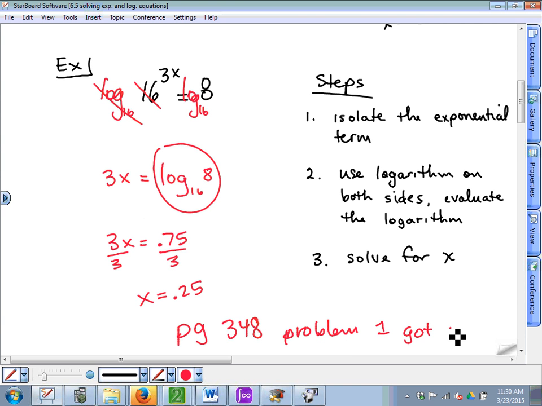Right at the bottom of page 348, problem 1. Try that one, using the same technique we just did.